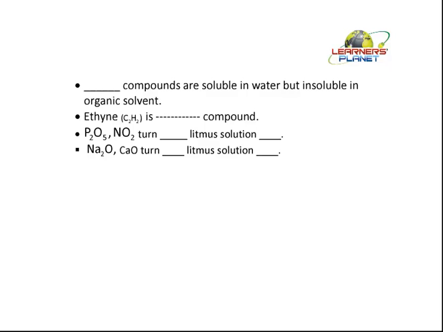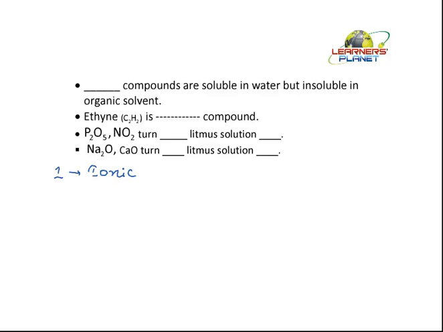Salt is soluble in water. But is it soluble in benzene or petroleum? Can you dissolve salt in oil? No. Now what type of compound is a salt? It is an ionic compound. So the answer to your first question would be ionic.